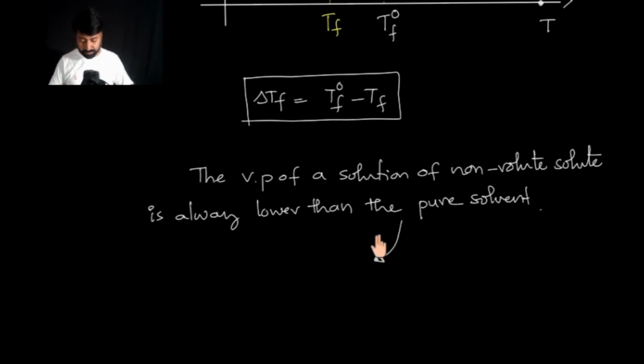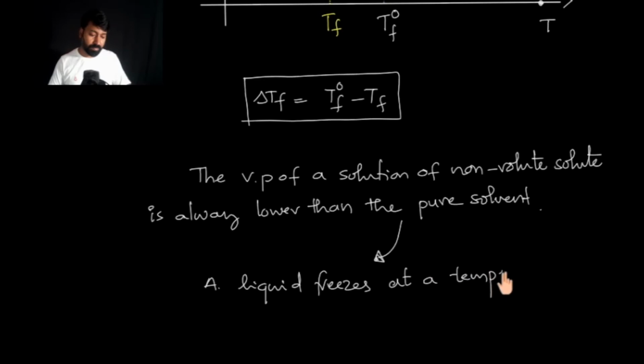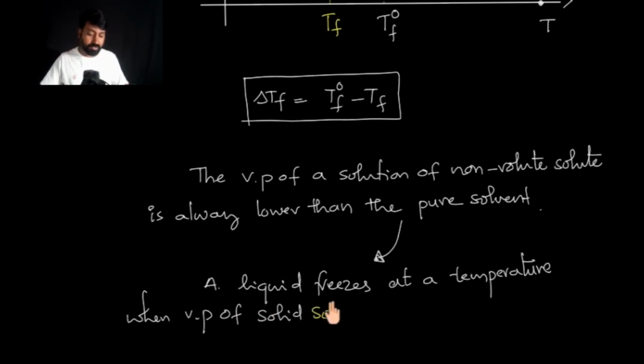So, a liquid freezes, this is the definition for the freezing point. A liquid freezes at a temperature when the vapor pressure of solid solvent, this is very important student, I just highlighted, vapor pressure of solid solvent.